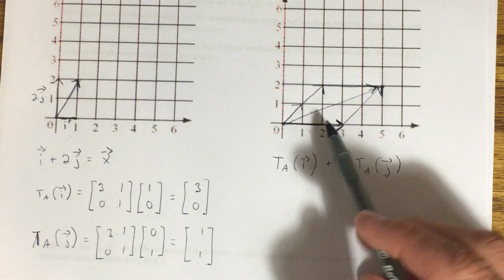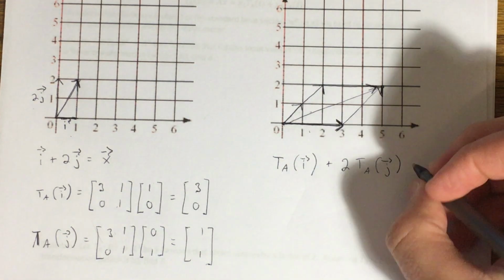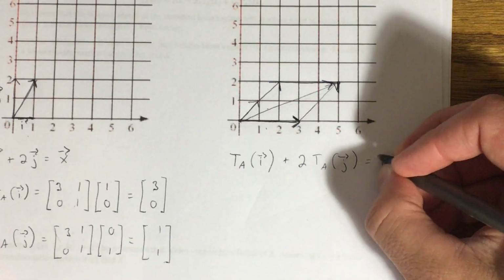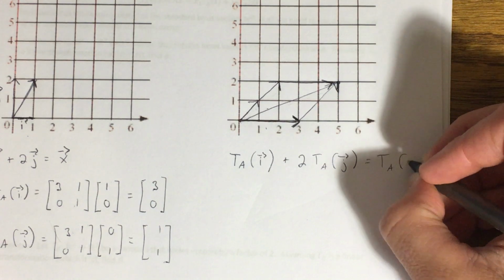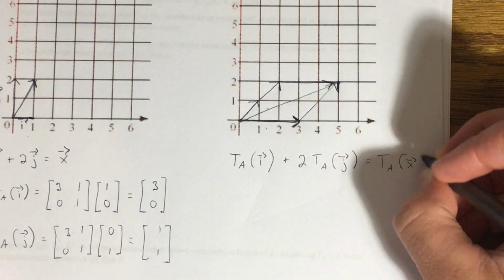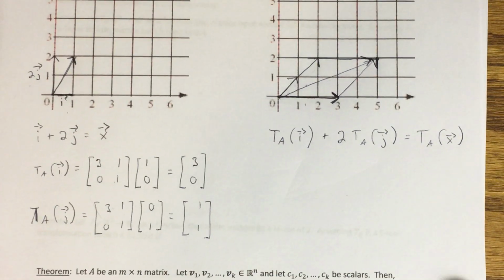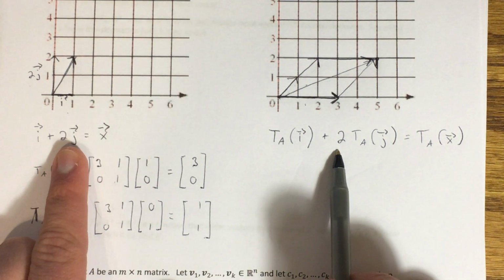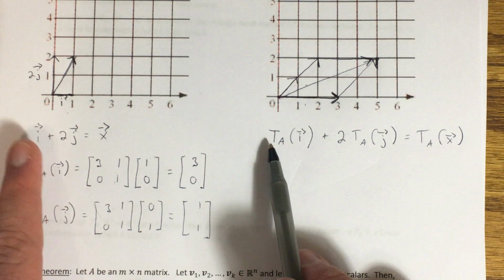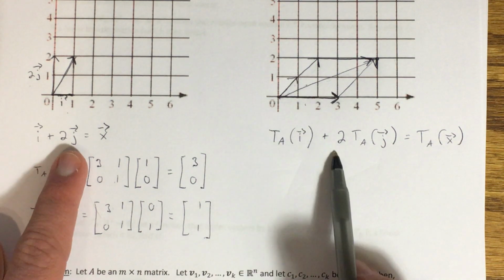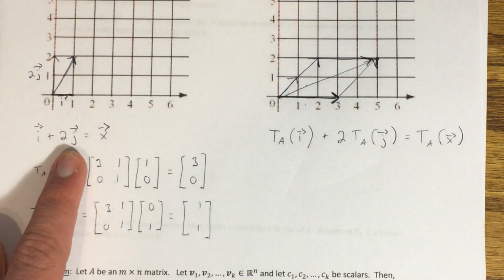Summing these two vectors gives me this output vector, which is the same thing as TA of x from the previous example. Now compare these two linear combinations. Specifically, look at the coefficients. The coefficient on this first term is a 1, and the coefficient on this second term is a 2. What does that mean?